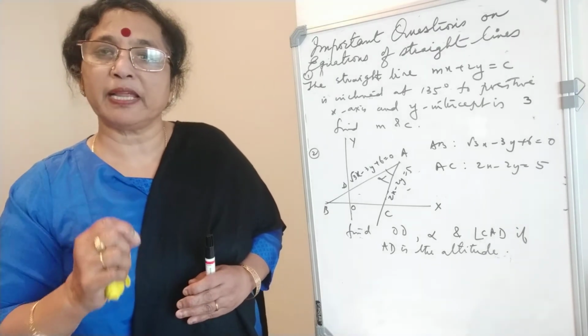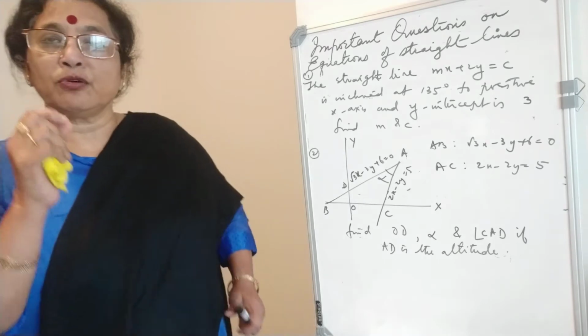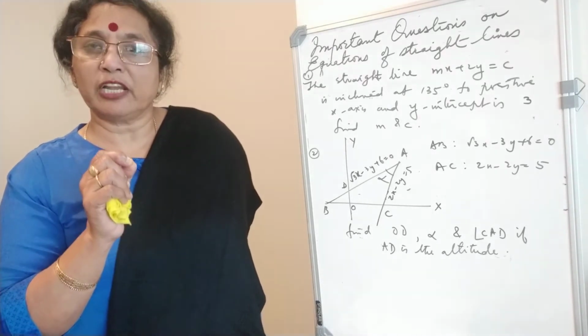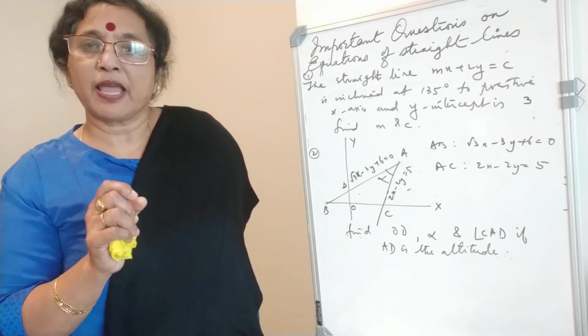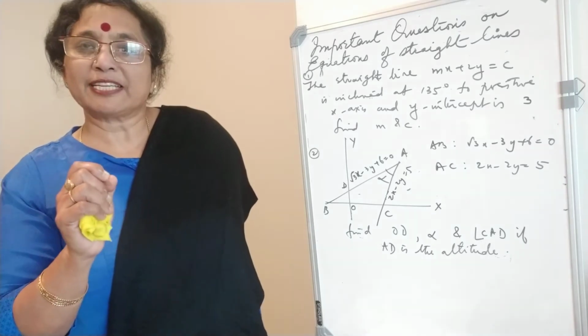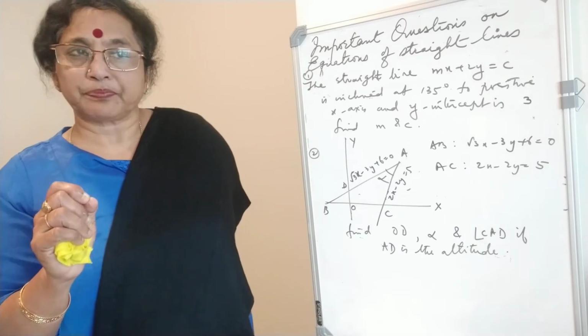Which is completely incorrect. Because here, children, m, the coefficient of x, will only be the slope when y is the subject of the formula. And the constant written on the right side, in y = mx + c, with the sign, is the y-intercept.